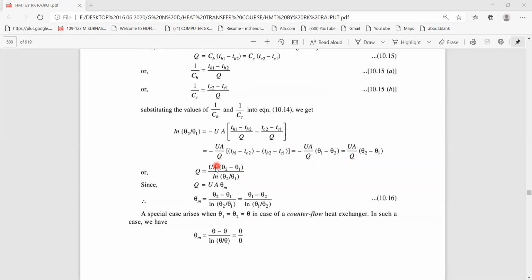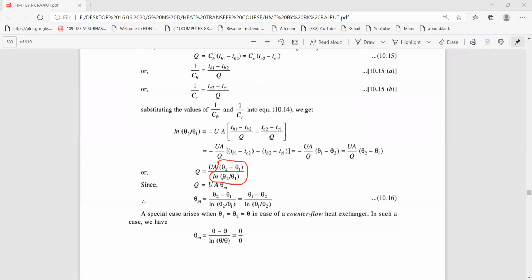This complete term is known as the logarithmic mean temperature difference, LMTD. It is also represented by theta suffix m, which is given by (theta 2 minus theta 1) divided by ln of theta 2 by theta 1.